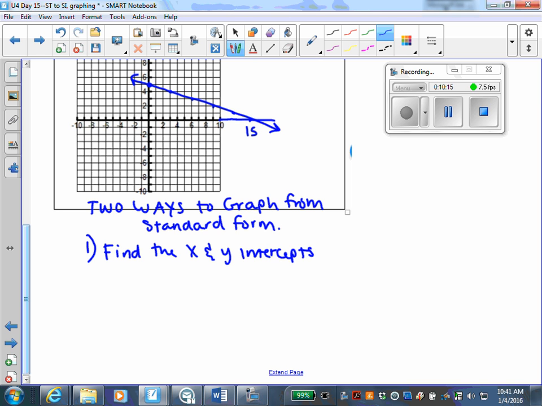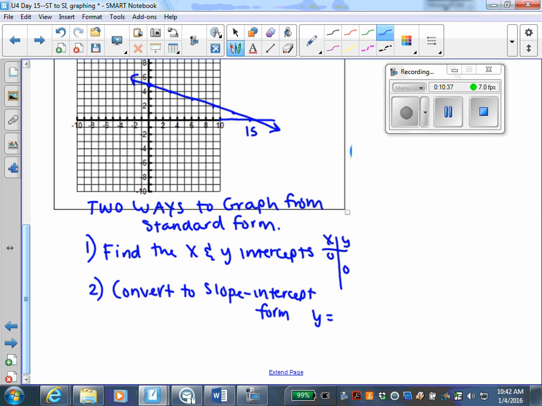And that's when we make that little t-chart usually with the zeros. We put in 0 for x and 0 for y. And then the second way is to convert to slope-intercept form. And that's when you make it a y equals equation.